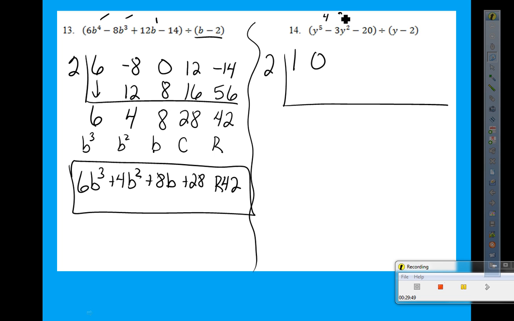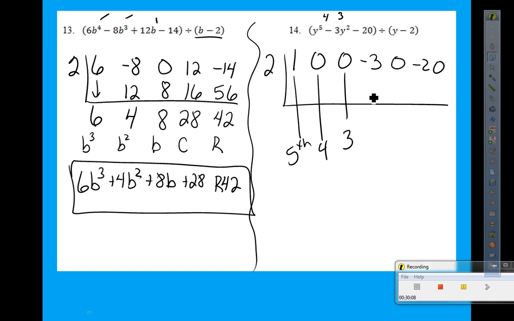Notice that there's no 3rd, so I need another 0. There is a squared, but there's no y to the 1st, so I need another 0, and then a negative 20. So real fast, this represents the 5th, the fourth, the third, the squared, the first, the constant.